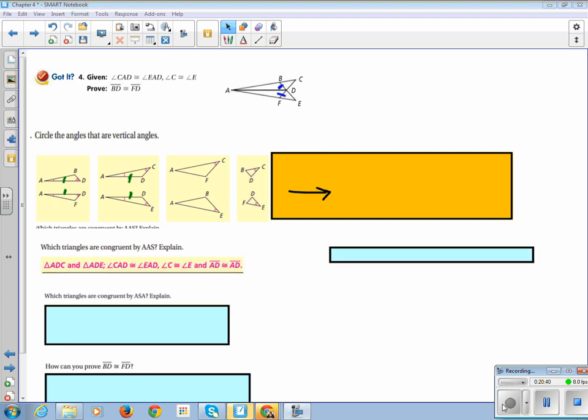So triangle ADC and triangle ADE, because angle CAD and angle EAD, and angle C and angle E, and AD and AD are congruent to each other. All right, so which triangles are congruent by angle, side, angle? That's this one. This is angle, angle, side.